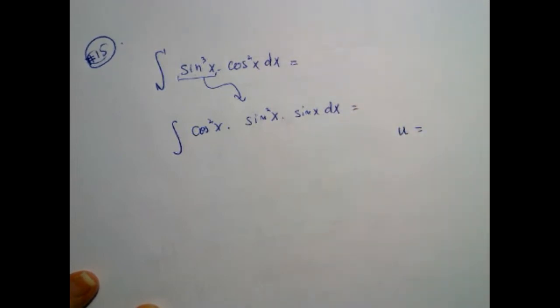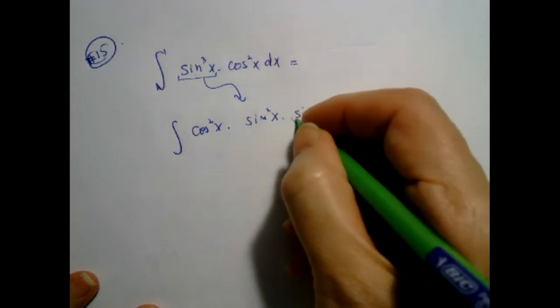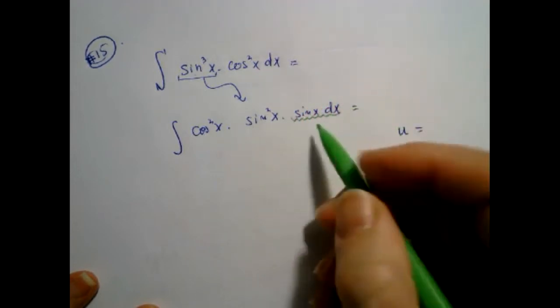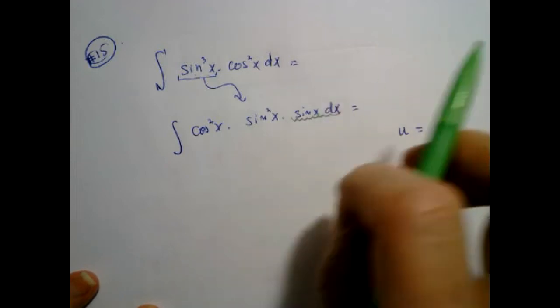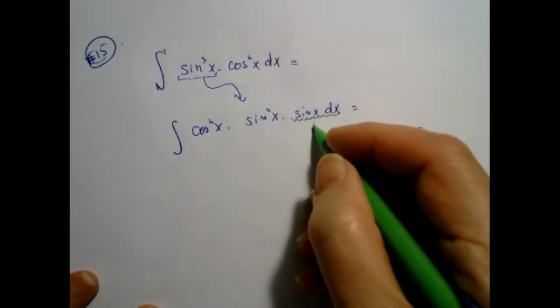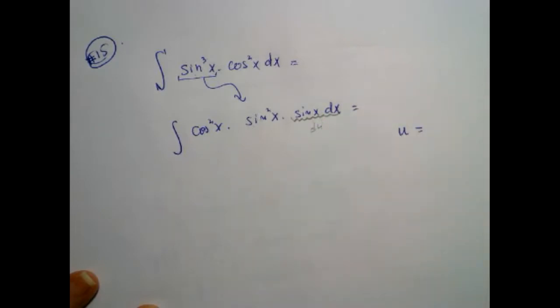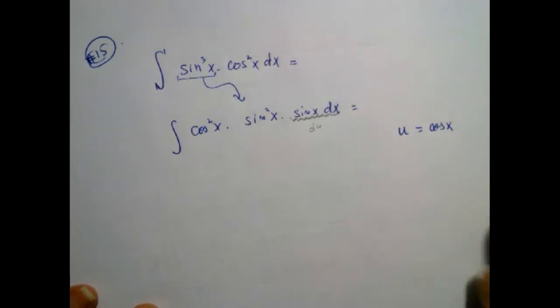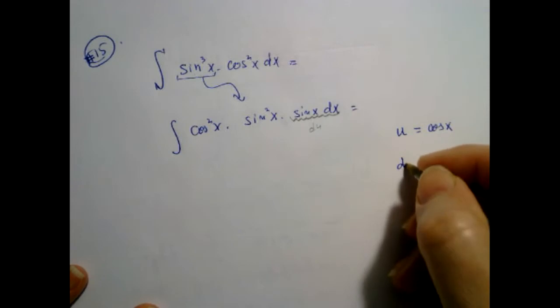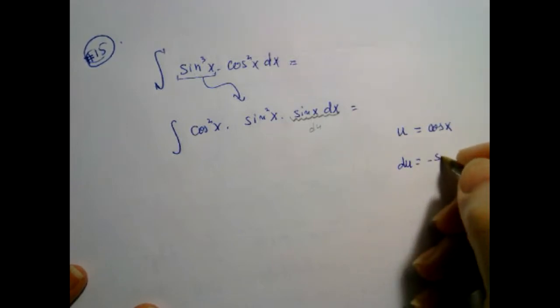Now, the way we pick the u is so that the term that we cut off has to be the du. That's really the easy way to think about it. The term we cut off will have to be the du. So it means I want my u to be the cosine. That's the one I want, du or minus du. So du would be minus the sine.